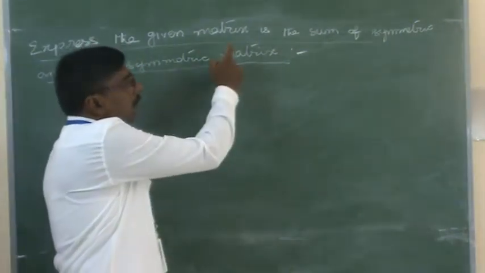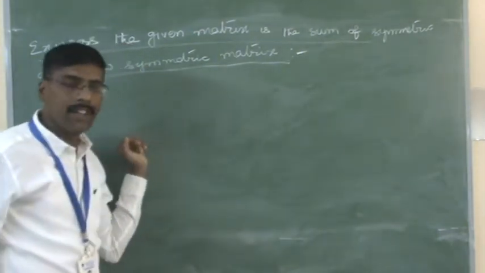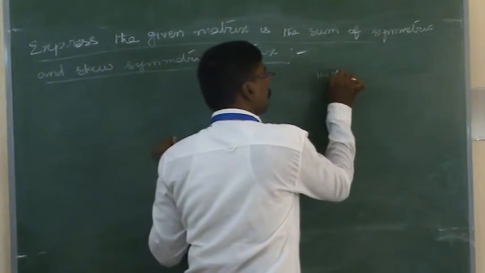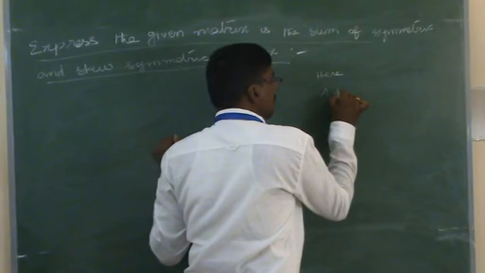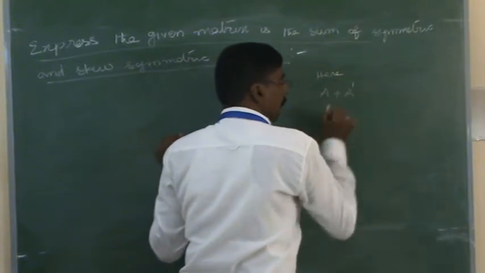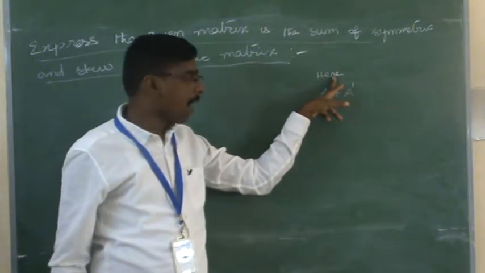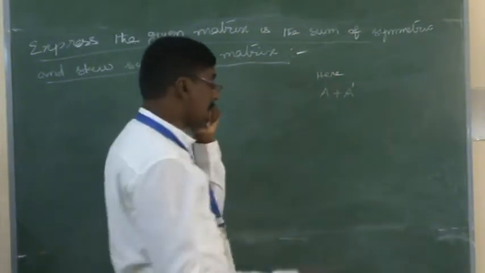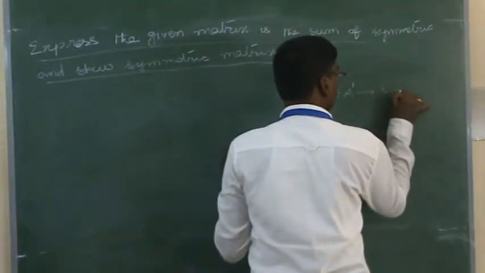Before discussing this topic, we know very clearly from the last theorem that A plus A transpose is always a symmetric matrix. Very, very important.